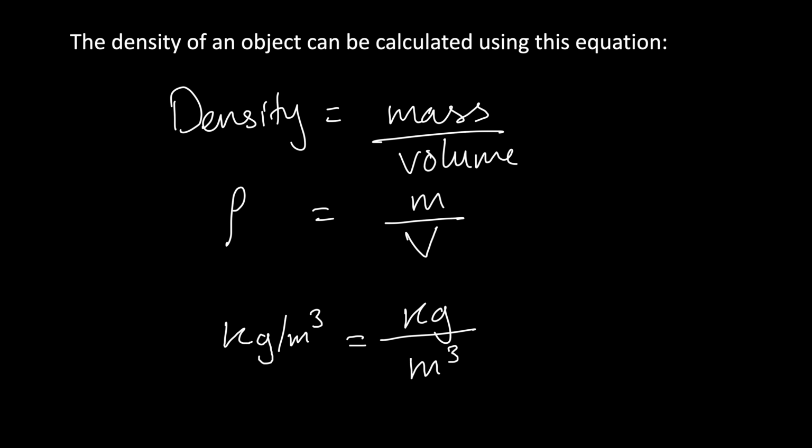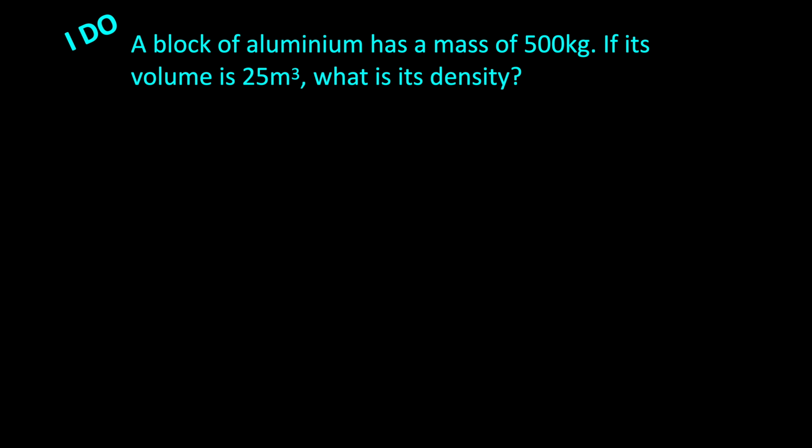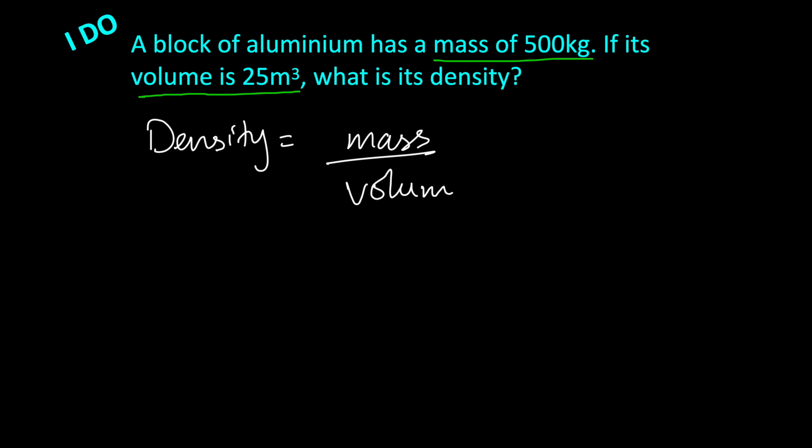Let's try applying this equation to some questions. So, in this question, a block of aluminium has a mass of 500 kilograms and a volume of 25 meter cubed. What is its density? The first thing we do when we have a question like this is to write the equation. Next, we're going to substitute from the question into our equation.